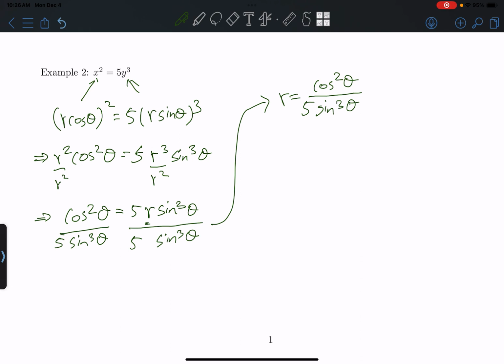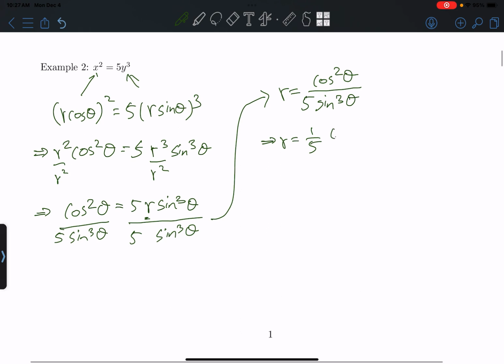And I kind of want to play the same game as before, right? So break this apart so I can write this in a slightly more pleasant way. So the over 5 becomes a 1 over 5. I will stack cosine on top of sine. So cosine squared theta over sine squared theta, right? I need to match the power and then leave the rest of the power of sine on its own. So 1 over sine theta.